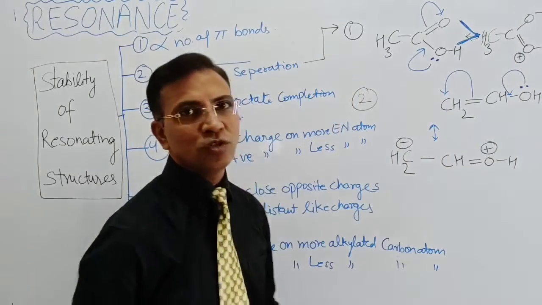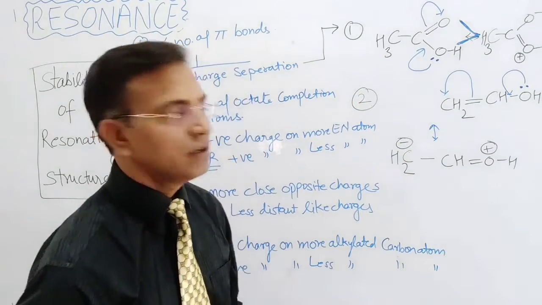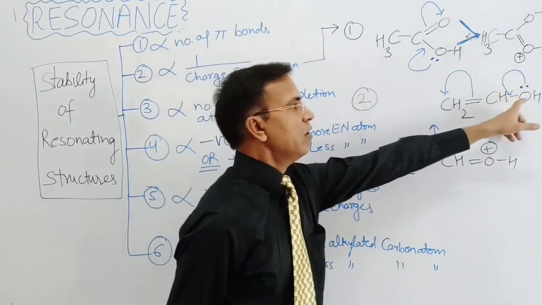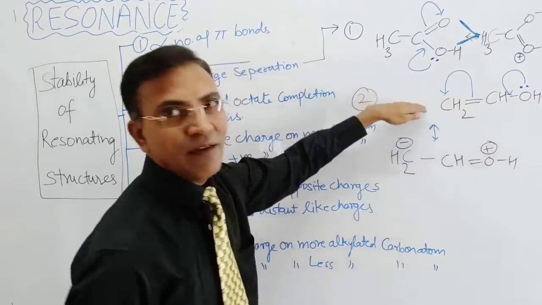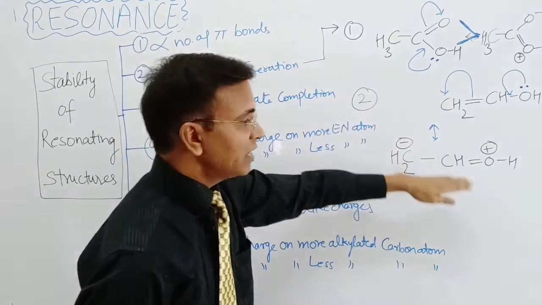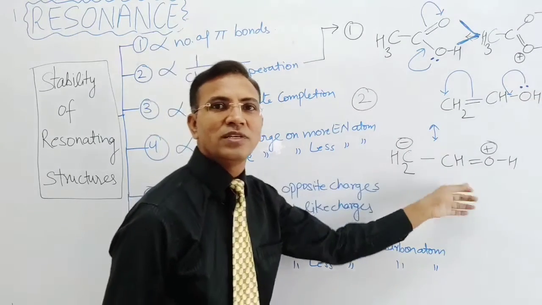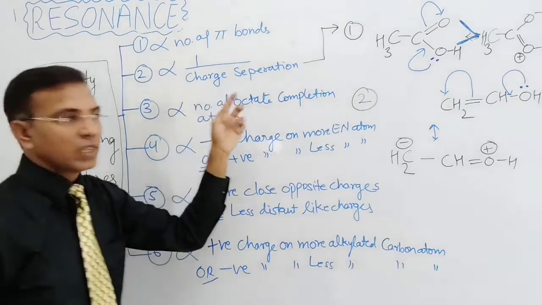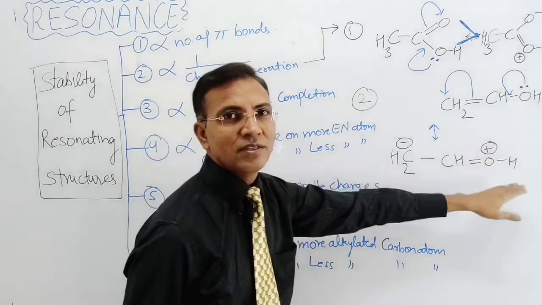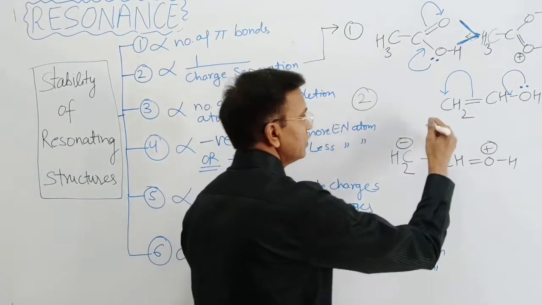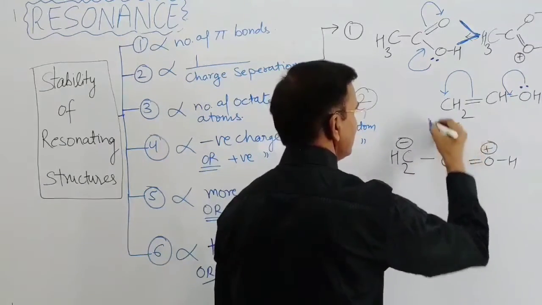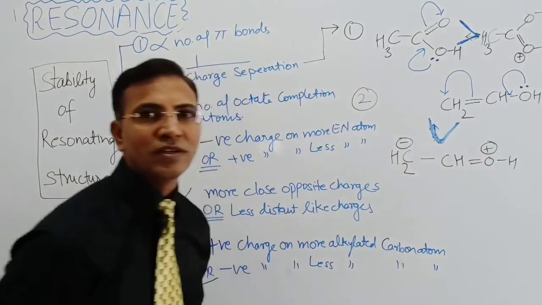So in these two resonating structures, the first one doesn't have charge separation, but the second one has charge separation. That means 1 upon charge separation, relative stability. So the first one is more stable than this one, right?